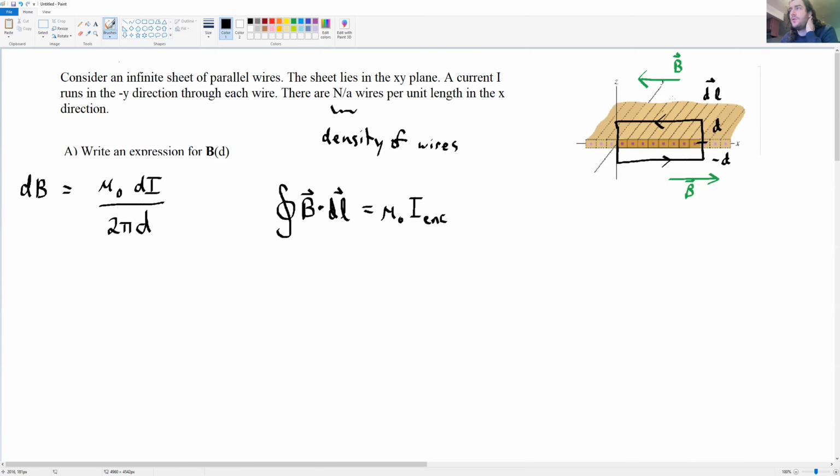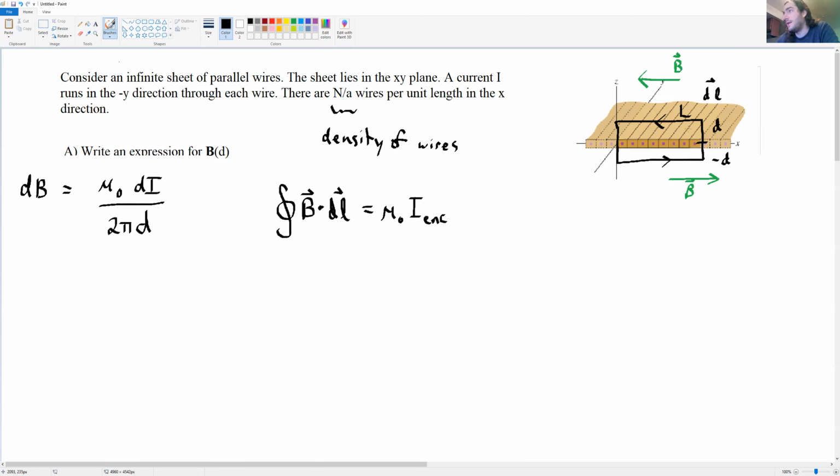And our loop should have a length, let's call it capital L, because we use lowercase l for dl. That's the horizontal length of the top part of the loop, and it's the same length on the bottom part of the loop as well. So it's completely symmetric there.